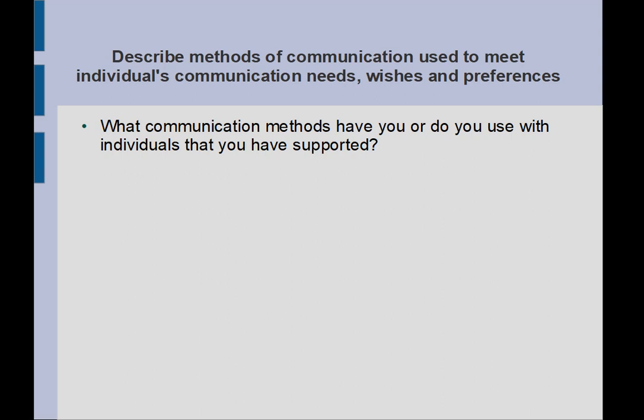How do you use them? How are they meeting somebody's communication needs, wishes, and preferences? How do you know that they're meeting the individual's needs, wishes, and preferences? And make sure that you describe a few methods that you're using. Minimum 3 again. It does ask you to describe methods, not just a method.